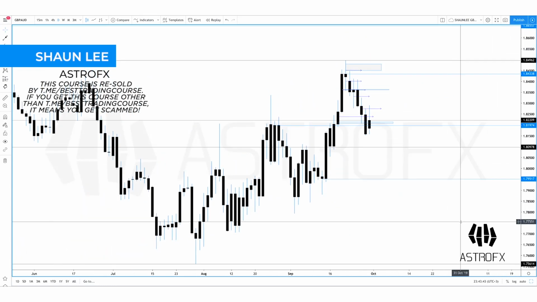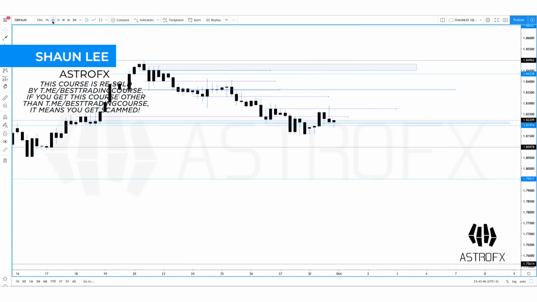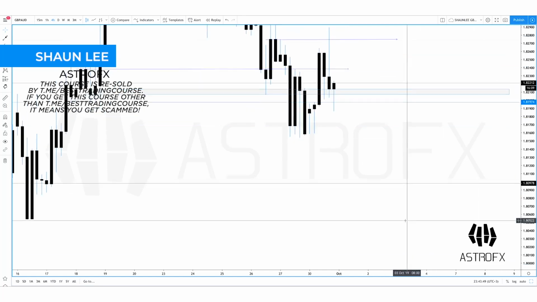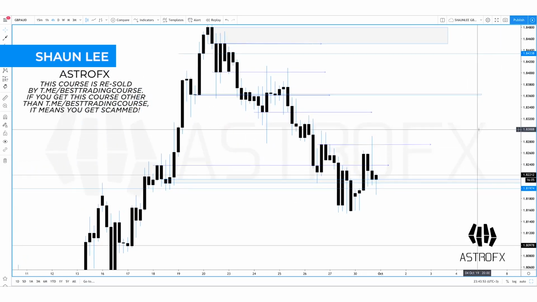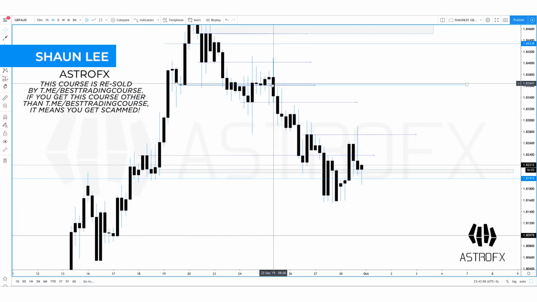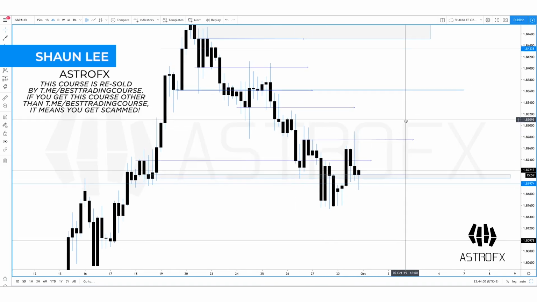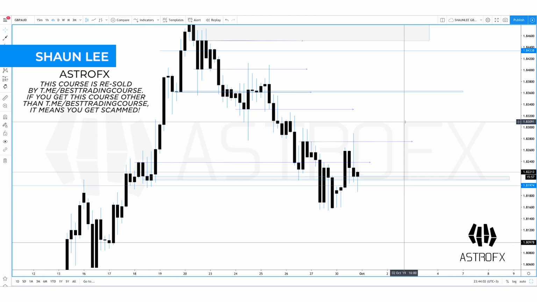Pound pairs can sink. Again, it is very, very tricky to provide a solid bias on the higher time frames. Even the daily at the moment, it's not really making too much sense. But this move which was captured was 140, 150 pips, which is great overall. And now what we're waiting for is next direction.